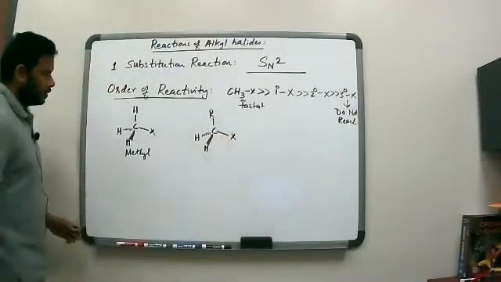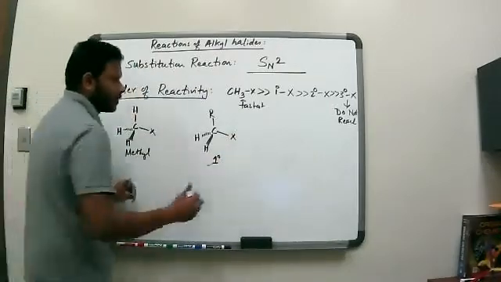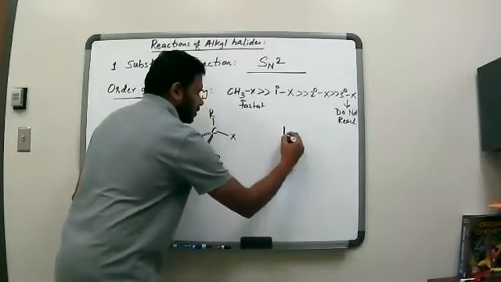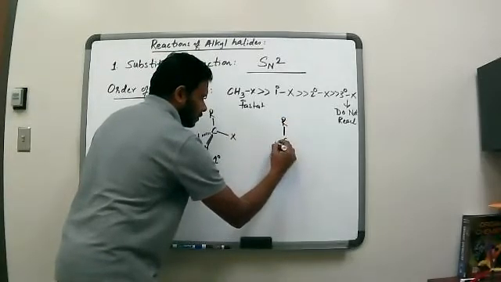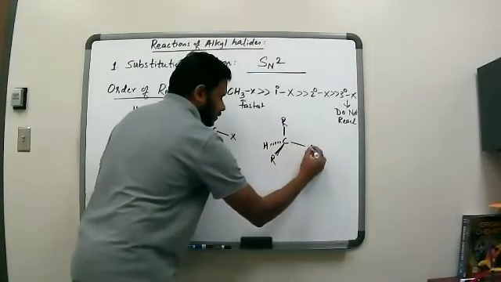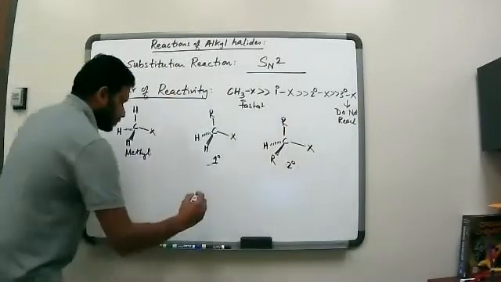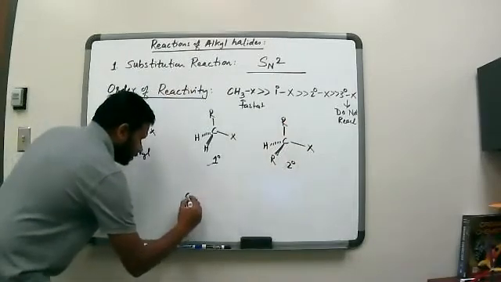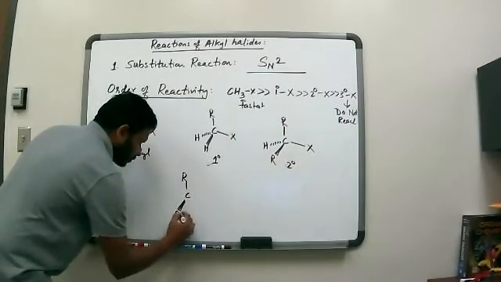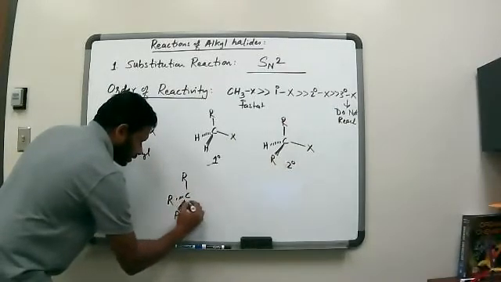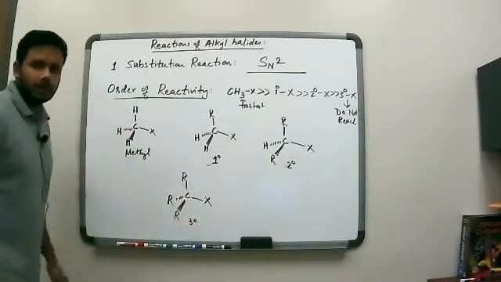That's a primary. Then we have a carbon with two R groups to it, which is secondary. And then finally, we have a carbon with three different R groups to it, which is tertiary.